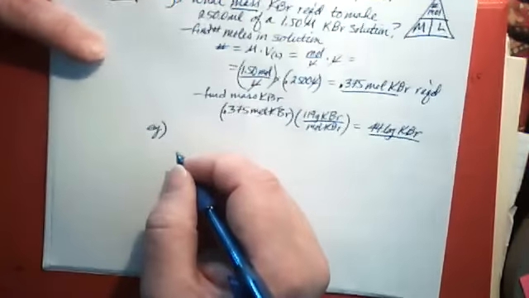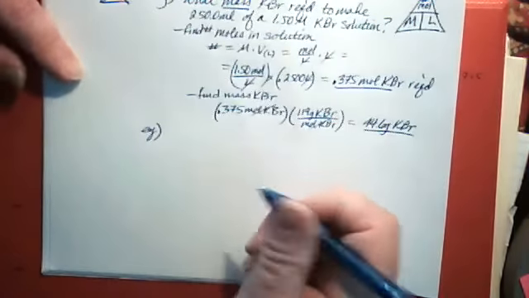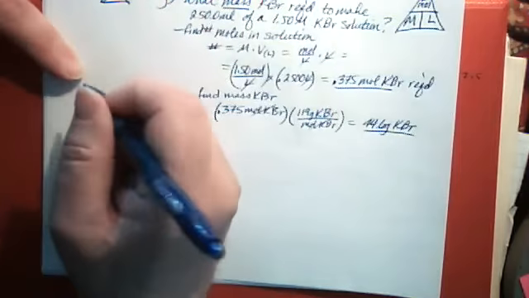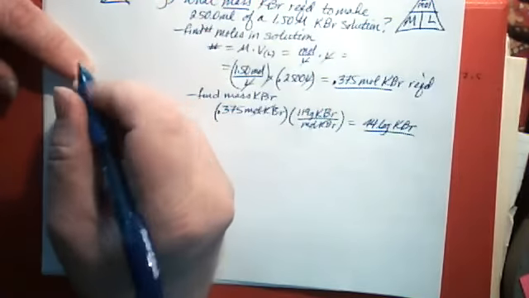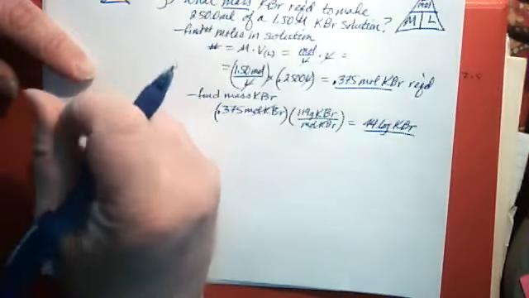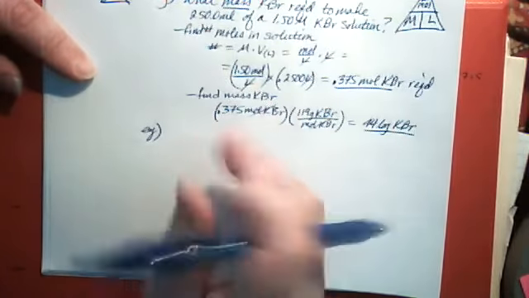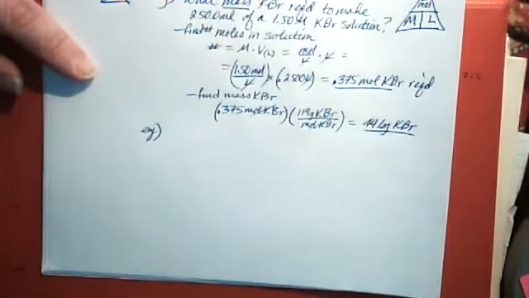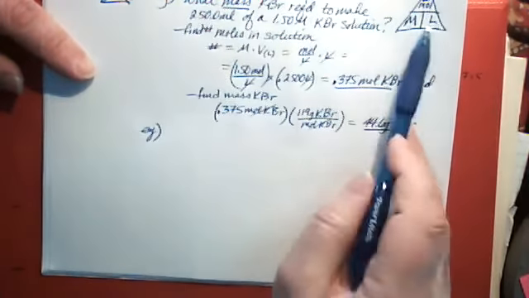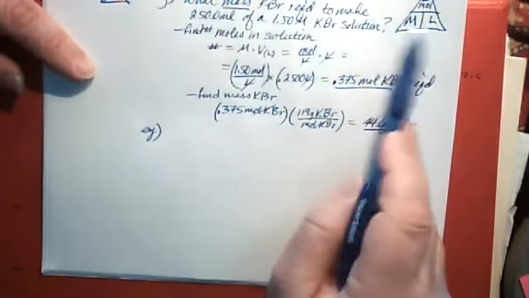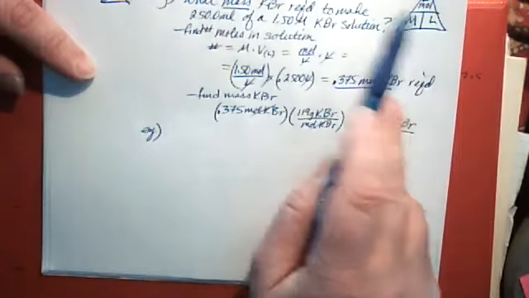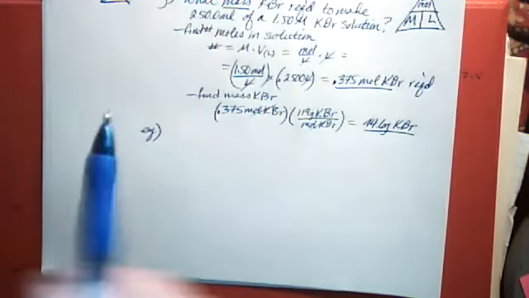Some other examples. You can use molarity as a conversion factor, as I said, between the volume of the solution and the moles of the solute. And you can use this triangle here to figure out the ways the equations should be arranged.